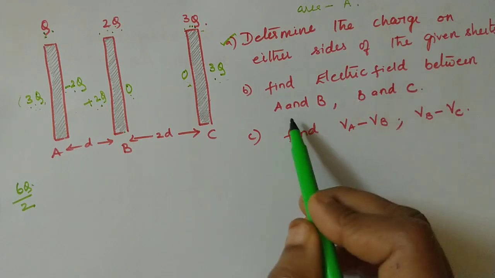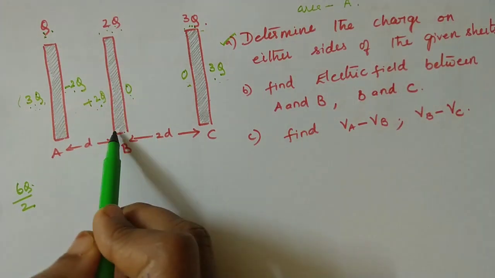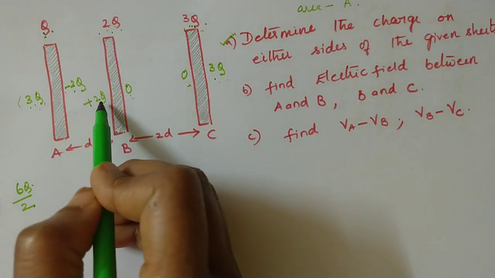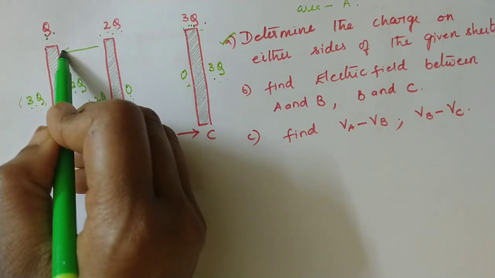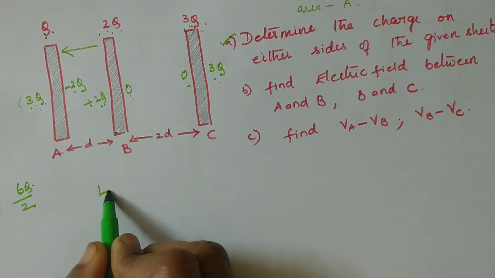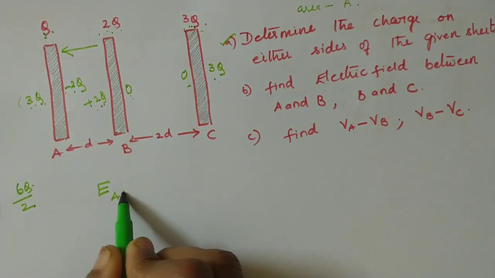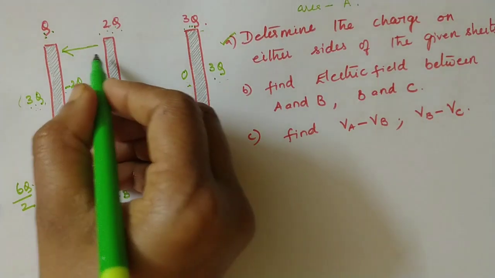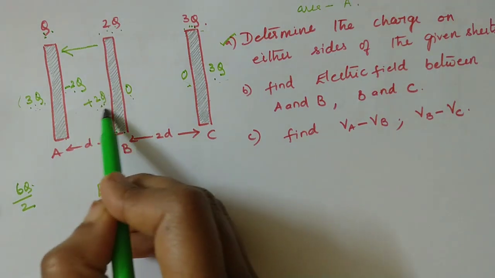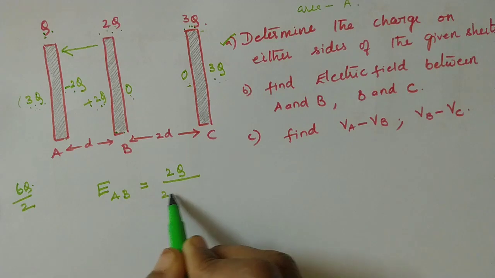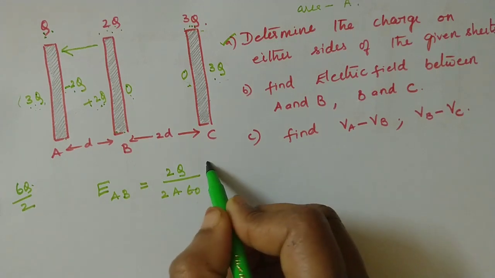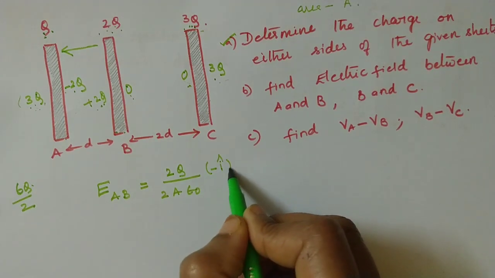Find the electric field between A and B. So move from A to B. This is positive and this is negative. Field is directed from positive to negative. The electric field between A and B is in the minus i cap direction due to 2Q: 2Q by 2A epsilon naught, minus i cap.